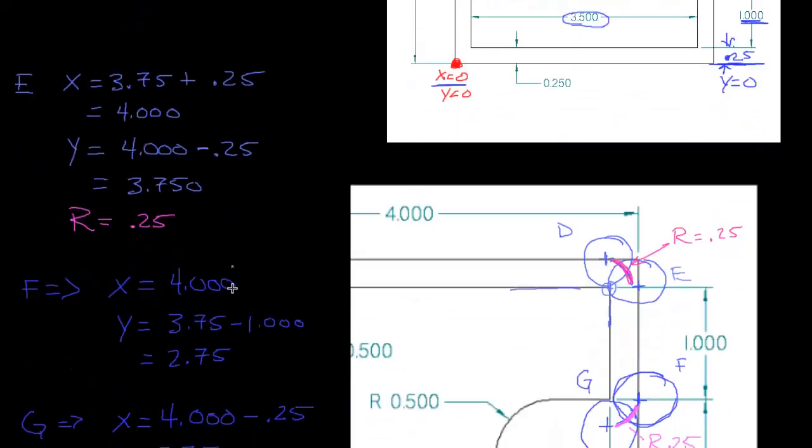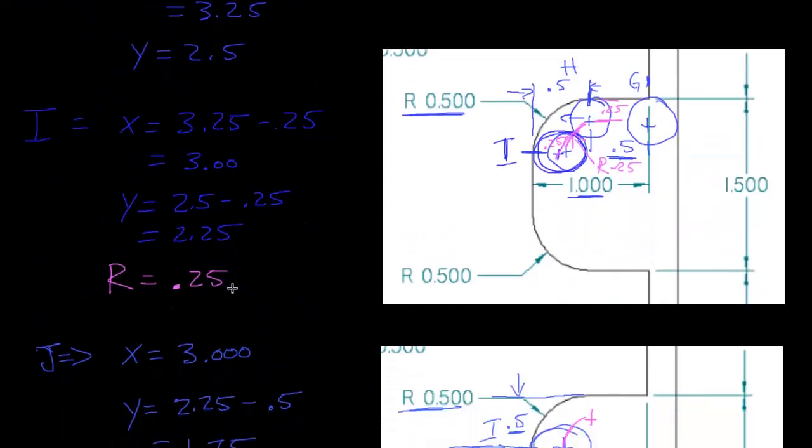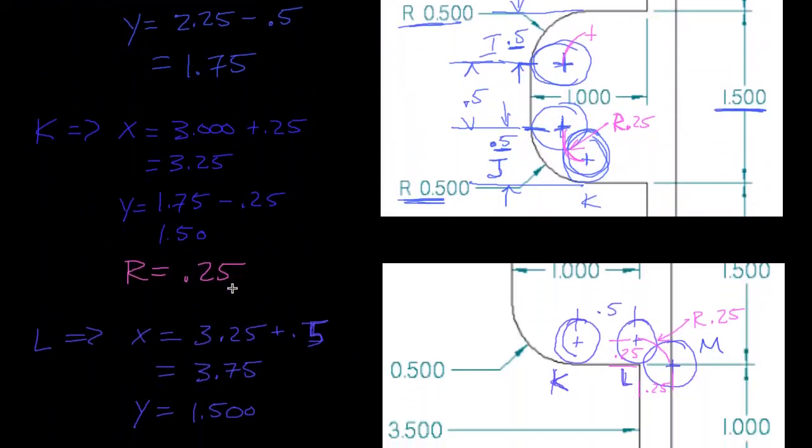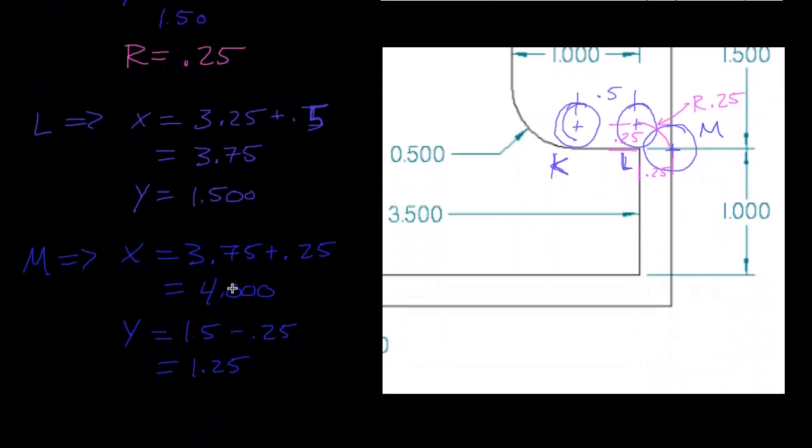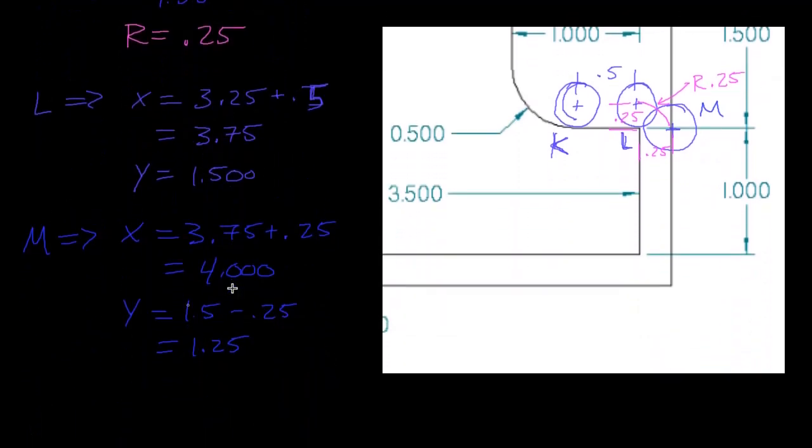And so there's a way you can double check your work to make sure that you haven't messed up your math. I'm getting a y value of 1.25 inches, so it doesn't appear that my math is messed up. So I'm happy about that.